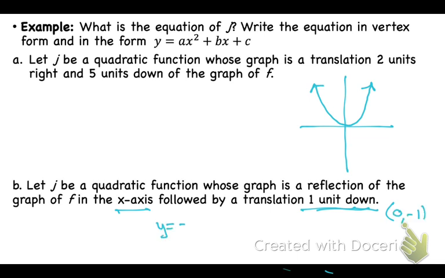So y equals negative x squared minus 1. It wouldn't be 1 down from the 2, negative 5? No, it'd be from the regular one, because it'd be x minus 0 squared.